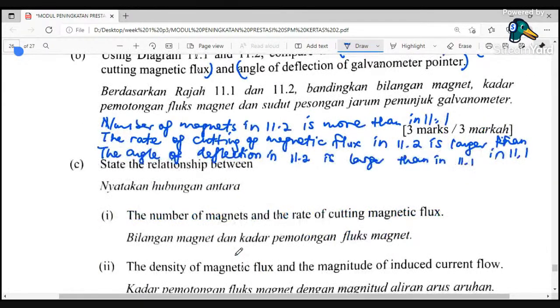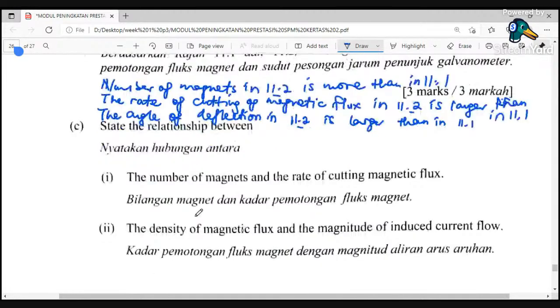Jadi kalau you start dengan 11.2 yang first ni, seterusnya pun ikut sebab nanti relate, dia takkan salah. Okay, relate between number of magnets and rate of cutting. So, nampak number of magnet more, rate of cutting larger, angle larger.